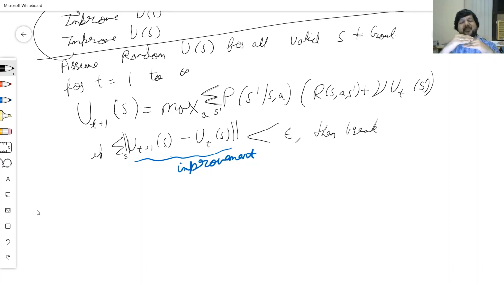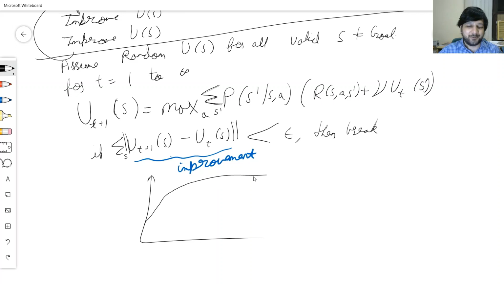Now, value iteration unfortunately has too many continuous improvements until you converge to the best value which is possible. So that's what value iteration would look like. You slowly converge until you get the best value which is possible for every state S.